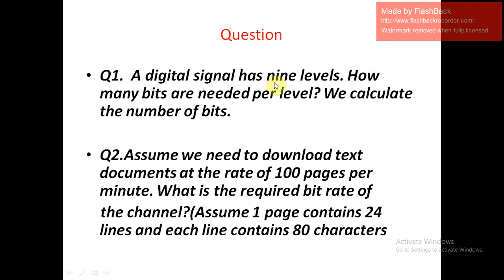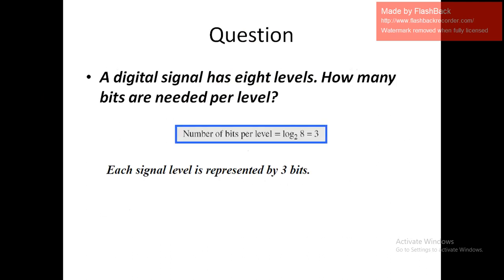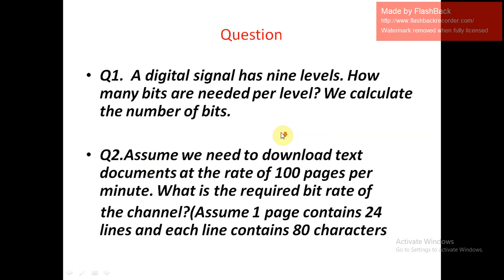If you put 9 in the previous problem, you will get a fractional value, because the number of bits cannot be fractional. So you have to approximate. It is less than 16, so the nearest higher level is 16. So you can put L equal to 16 and the number of bits will be 4.